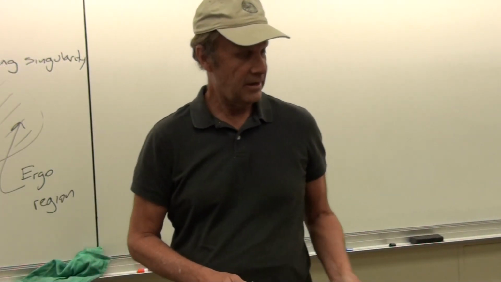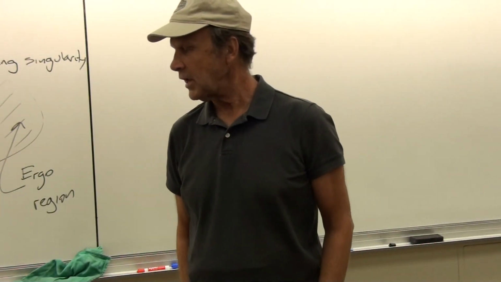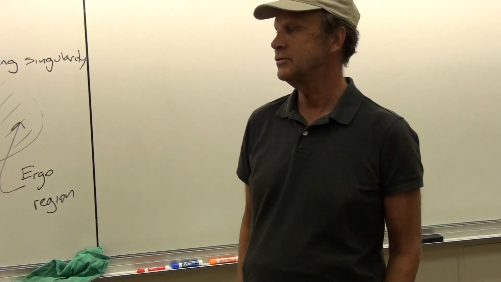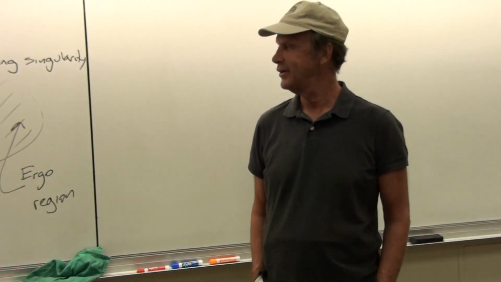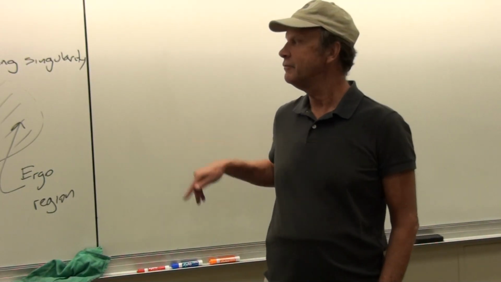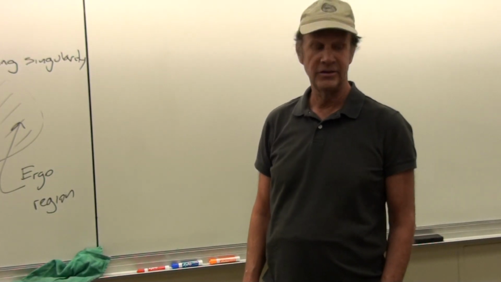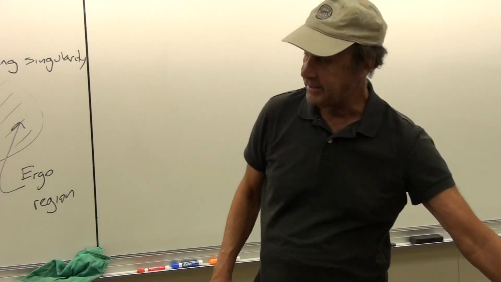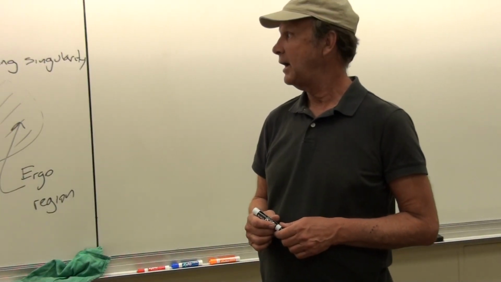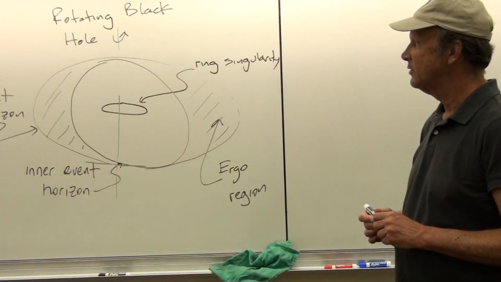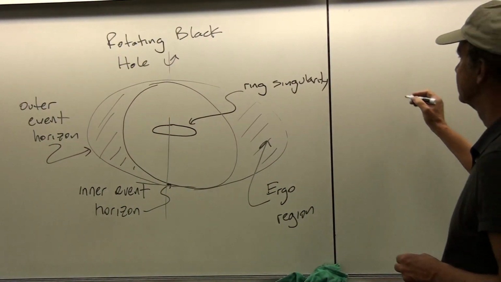And so this has been quite a booster shot to different kinds of science fiction stories that have been written over the years, where you fly through a rotating black hole and end up in another universe. And although these solutions do allow for this kind of travel, there are some problems with traveling to other places through the rotating black hole solution.